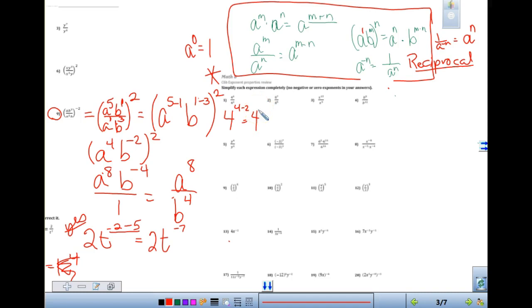Oh, no. It's going to give me 4 and what? 4 to the second. Now, on the quiz Monday or Tuesday, if you leave the answer as 4 to the second, I probably won't mark it wrong, but these are the squares you had memorized, right? So you should really be able to tell me 16. I want you to do the next 2 right now. Do them right now, and then we're going to take a look at them.